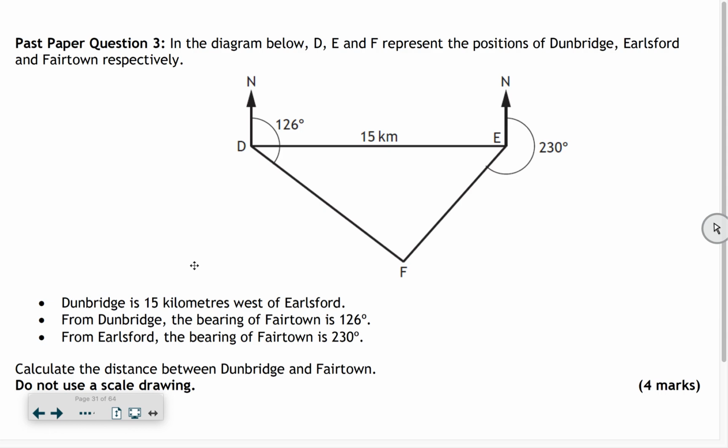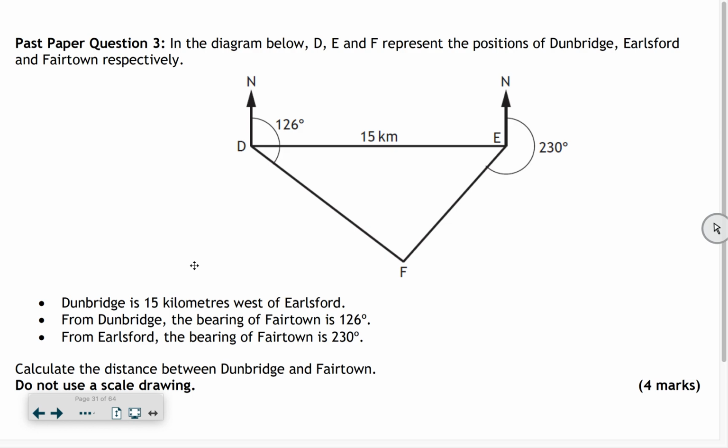Paper question 3 now. This is a bearings past paper question, and remember the rules of bearings: we always measure a bearing from north in a clockwise direction. It says in the diagram below, D, E and F represent the positions of Dunbridge, Earlsford and Fairtown respectively.